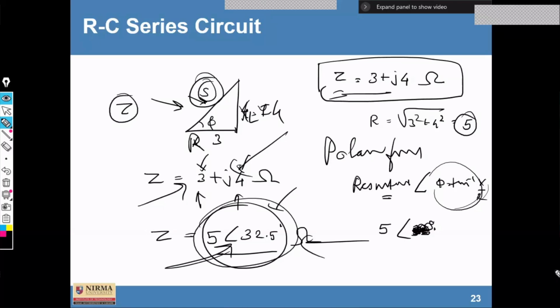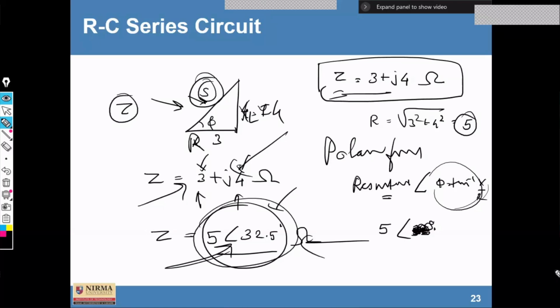So my humble request to all of you is to please go through this conversion of 4 different forms. One is Cartesian form, second is polar form, third is exponential form, e raised to j theta, and the fourth is trigonometrical form, cos theta plus j sin theta.